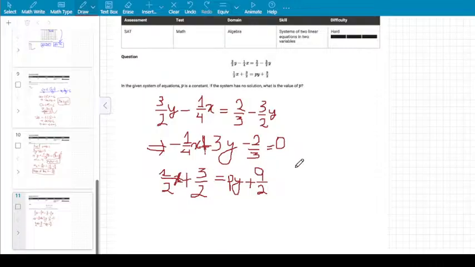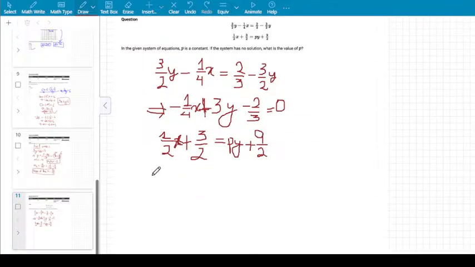Now this again we can bring to this side, so we'll get half of x minus py, 3 by 2 minus 9 by 2 will be minus 6 by 2, which is minus 3, is equal to 0.